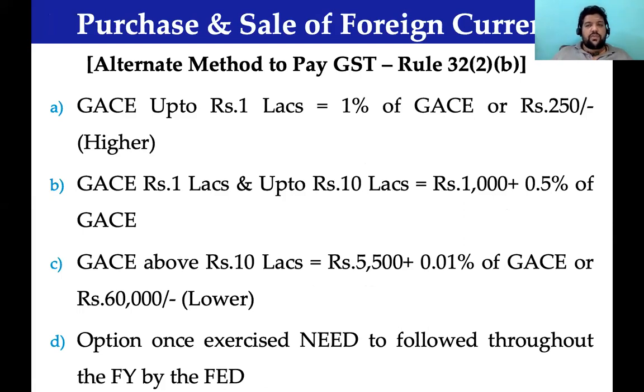Rule 32, sub rule 2, clause B came out and proposed an alternate method. Sir, what is this alternate method? You calculate your gross amount of currency exchanged for every transaction. The advantage of this alternate method is that the RBI reference rate is not required. It goes by a formula method.